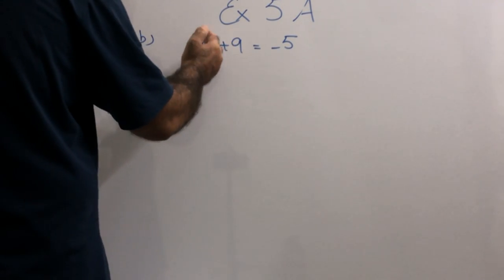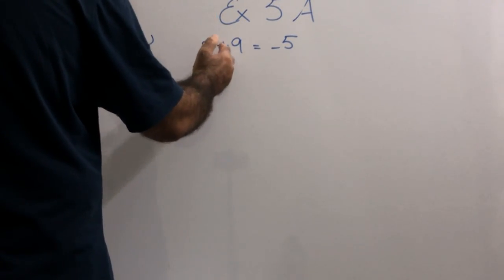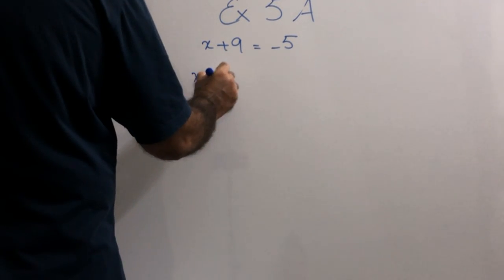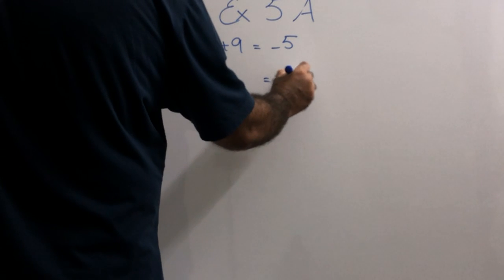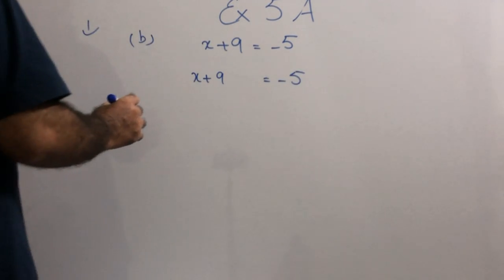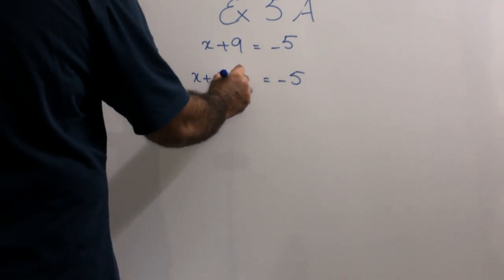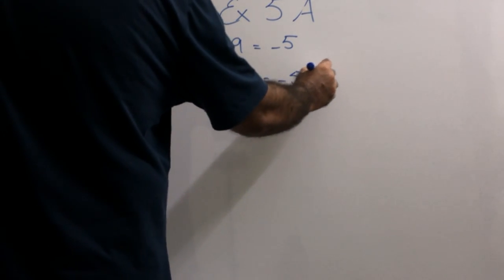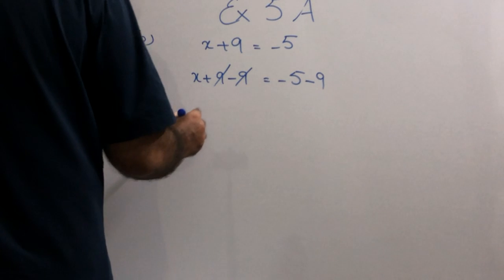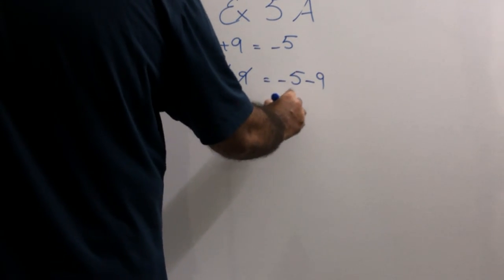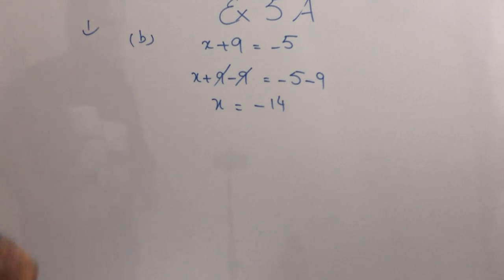We'll need x alone on the left side of the equation. So on both sides we'll do the opposite operation to nullify this, to cancel this. It is plus 9, so we'll be doing minus 9 on both sides. It will be cancelled out. X is equal to minus 5 minus 9, which is minus 14. So this is the answer.